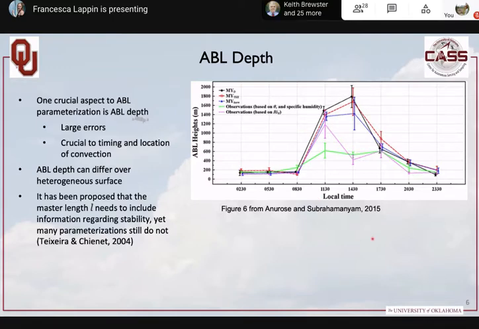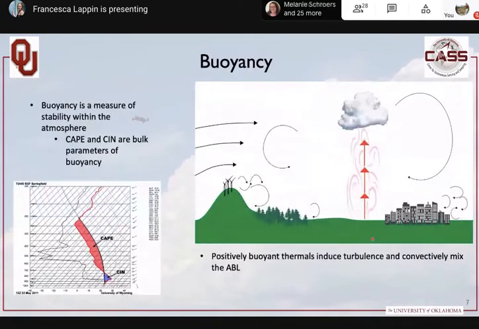Bringing us to stability, I want to mention buoyancy, which is essentially just the stability within the atmosphere. CAPE and CIN are bulk parameters of buoyancy that are commonly used by severe storm forecasters, but buoyancy can also be used to understand aerosol dispersion through cities and various other types of land use.